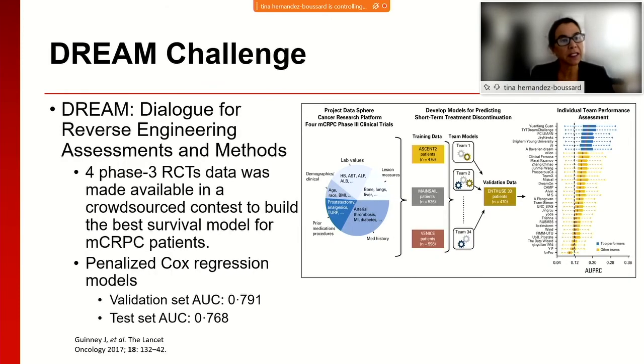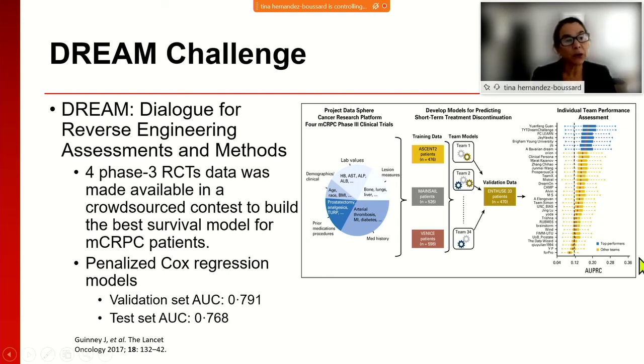So what we did for this study is there was a DREAM Challenge, which was a crowdsourcing challenge where a group of scientists put together 4 phase 3 randomized controlled trials, and they put it out to the public, and the challenge was who could identify the best prognostic model based on these 4 RCTs. And so the winner of the challenge identified a penalized Cox regression model that was able to predict mortality with an adequate accuracy of 0.79. So importantly, these data were made available to the public.